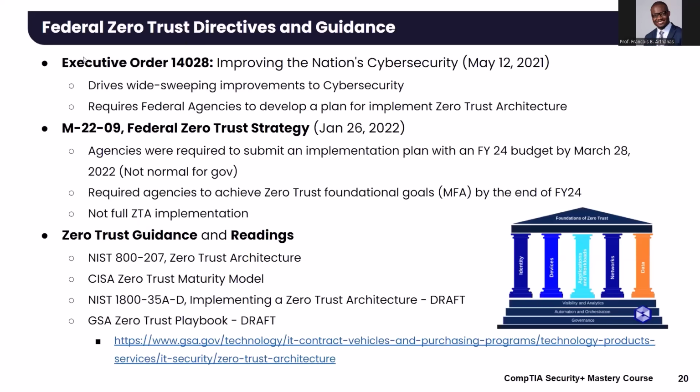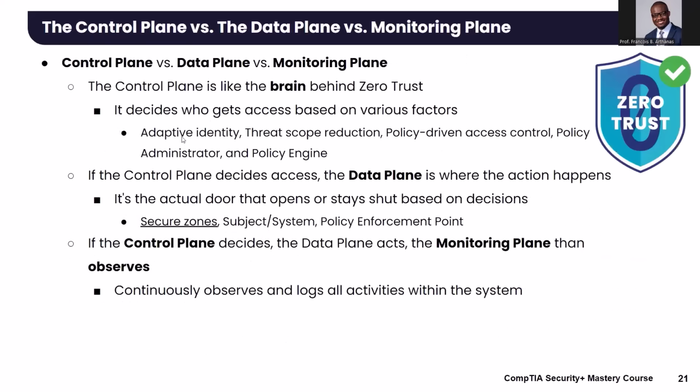This is not going to be on the exam. Operation Aurora and federal zero trust are not going to be on the exam. I just put this here so that you can see if you need additional reading, or if you want to put this into a real world perspective, you can see how this is being done.